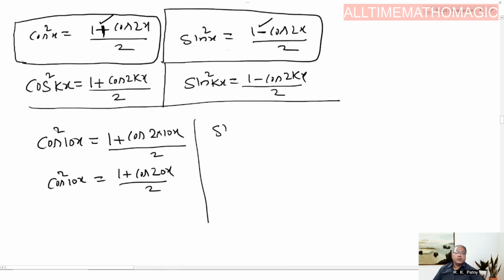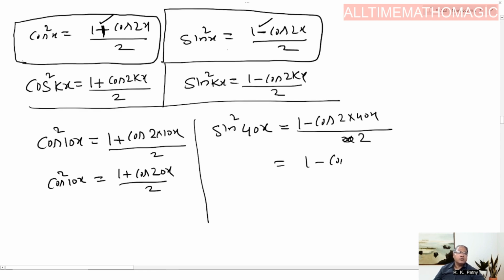Similarly, suppose sin square 40x is there, whatever the number, there is no doubt. This can be written as 1 minus cos 2kx, that is 2 into 40x, upon 2. So 1 minus cos 80x upon 2.